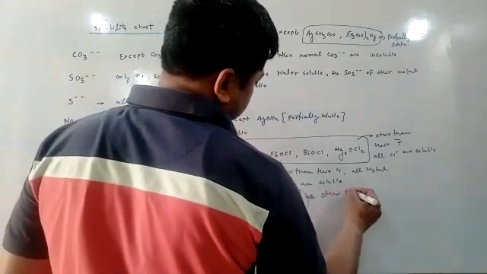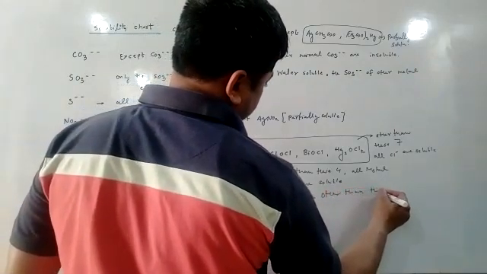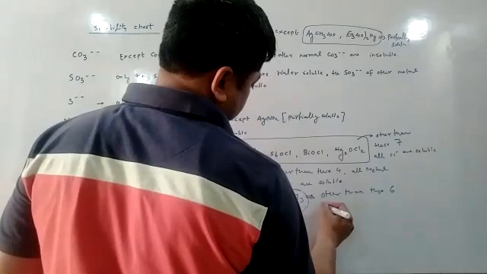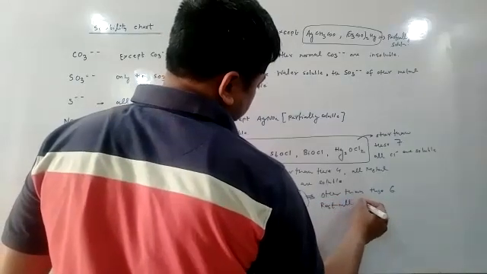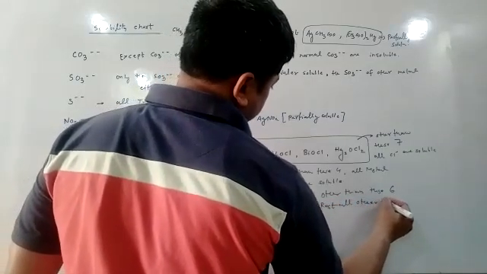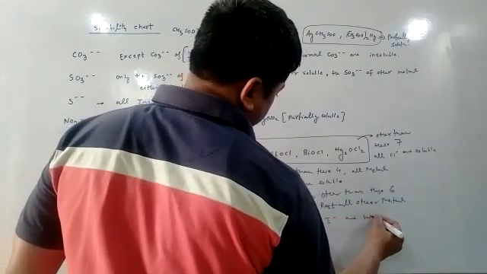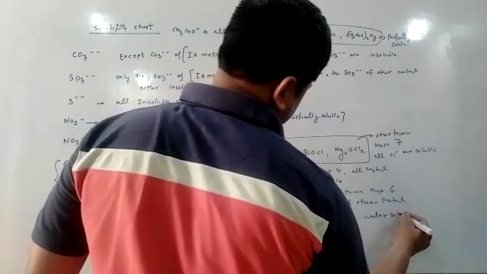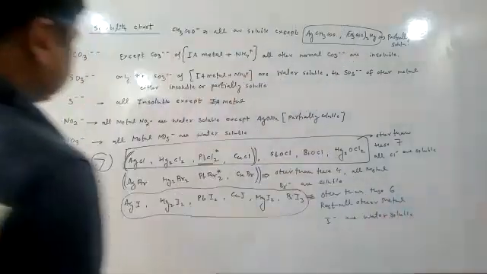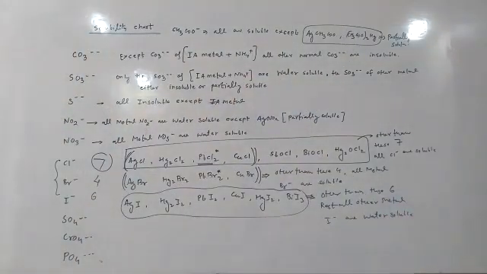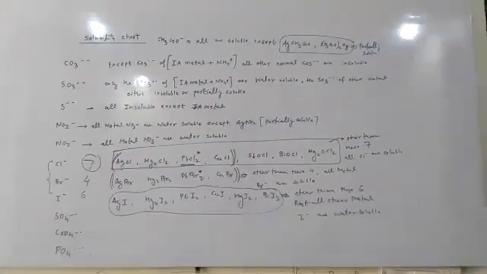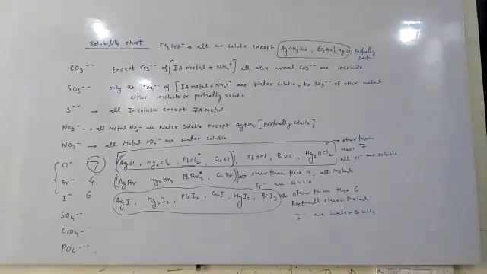Other than these 6, all other metal iodides are water soluble. So just remember 7, 4, 6. Got it? Just note down.